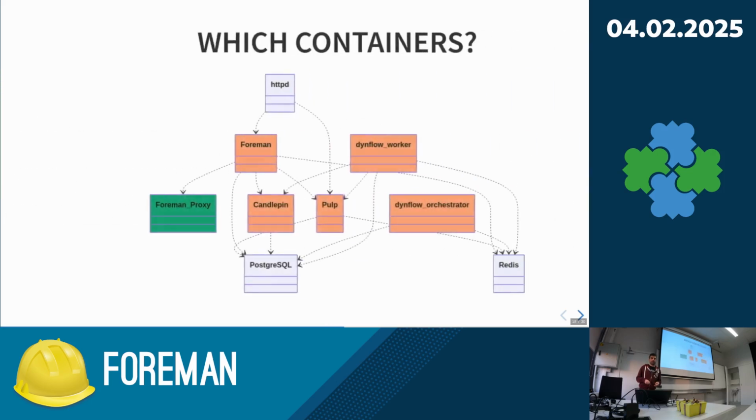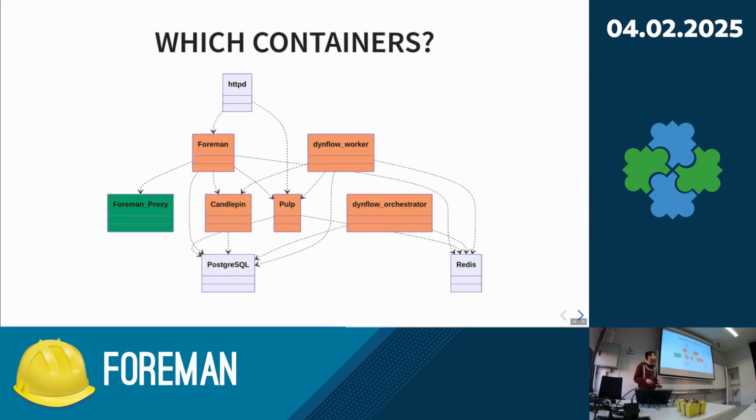So looking at the picture we had at the beginning, we replaced Foreman, we replaced Dynflow, we replaced Pulp, we replaced Candlepin. And I painted Foreman proxy in green. And I realized the green is probably pretty bad on the projector, but yeah.